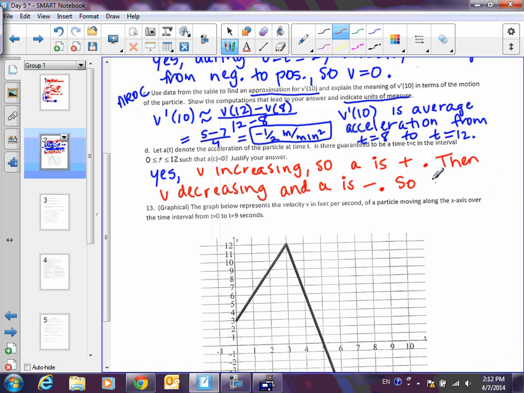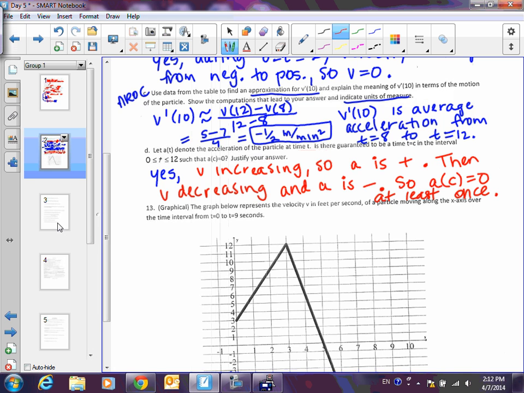So A of C, they use this C so I'm going to use it, equals 0 at least once. All right, the graph thing we're going to actually do tomorrow.